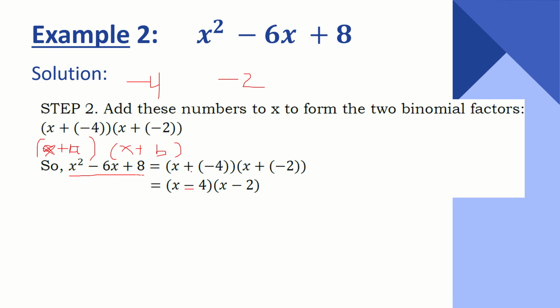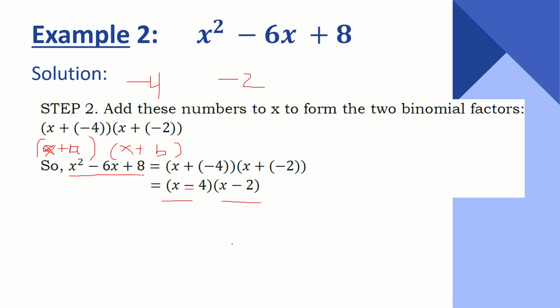That's why x plus negative 4 is negative, and x plus negative 2 is negative. So in this example, we have x plus negative 4 times x plus negative 2 is equal to x minus 4 and x minus 2. Therefore, the factor of x squared minus 6x plus 8 is equal to x minus 4 times x minus 2.